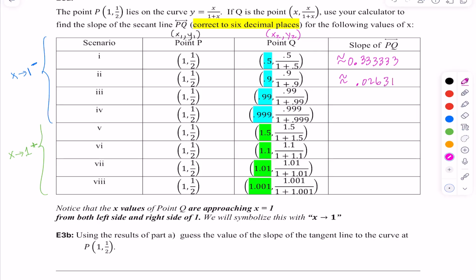If you want to, you could pause the video just to make sure you are computing these slopes correctly. Do a few of these slopes first, and then you could unpause the video to check your computation.